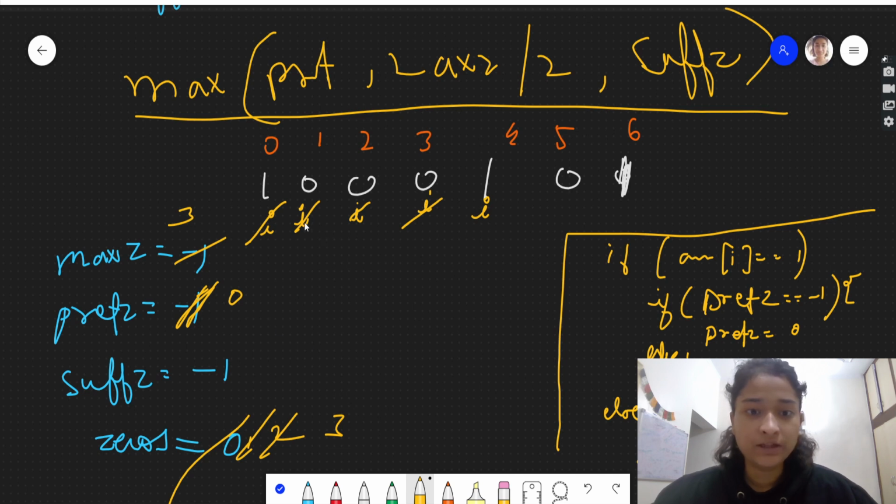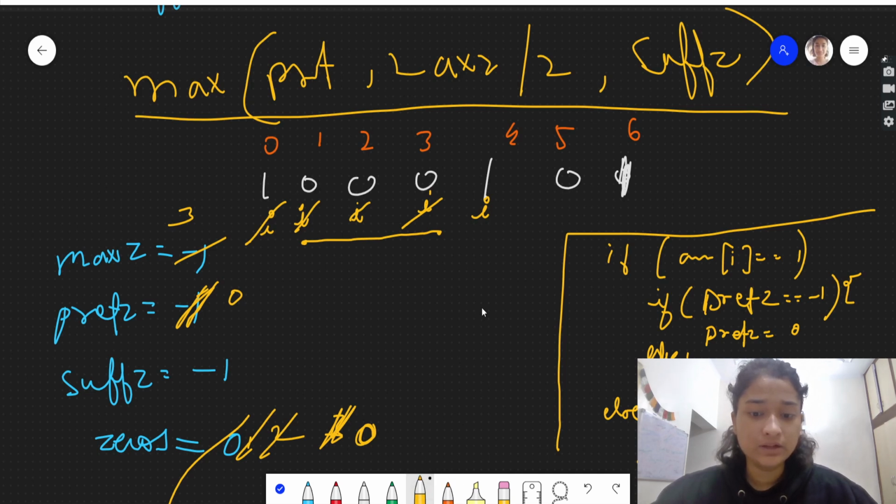And see, we got these consecutive zeros now. Now after this one, we will get again consecutive zeros. So for that, we again have to make this variable 0 so that we can get the consecutive zeros after that. So over here, we will do zeros is equal to 0. Again, initialize this variable to 0.